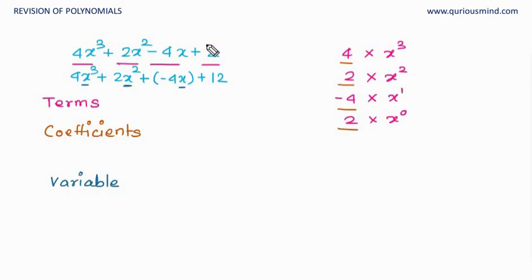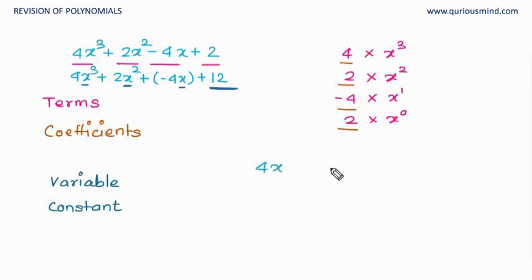Whereas the term which does not have any letter associated with it is called a constant. So this is a constant. This is a variable and constant.